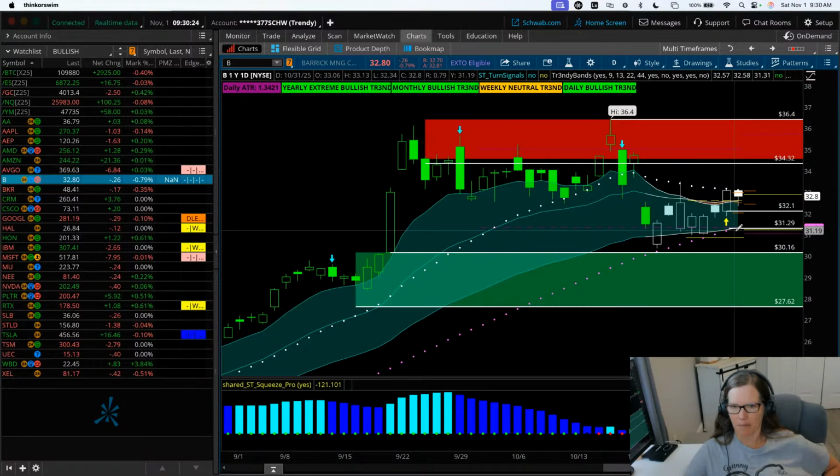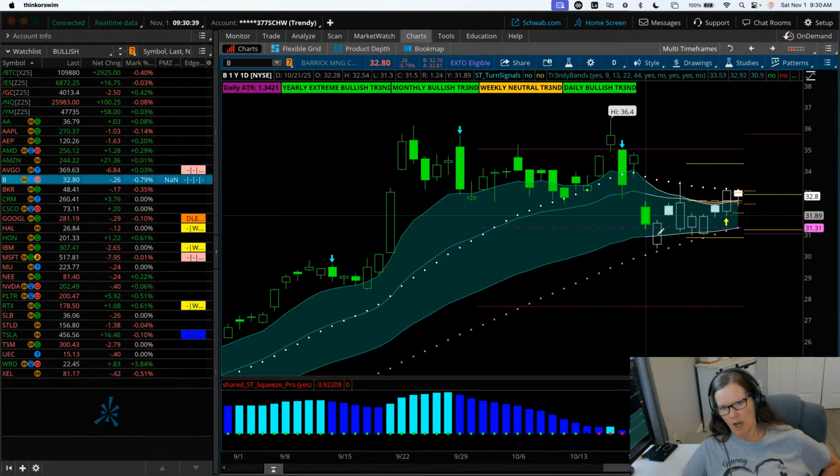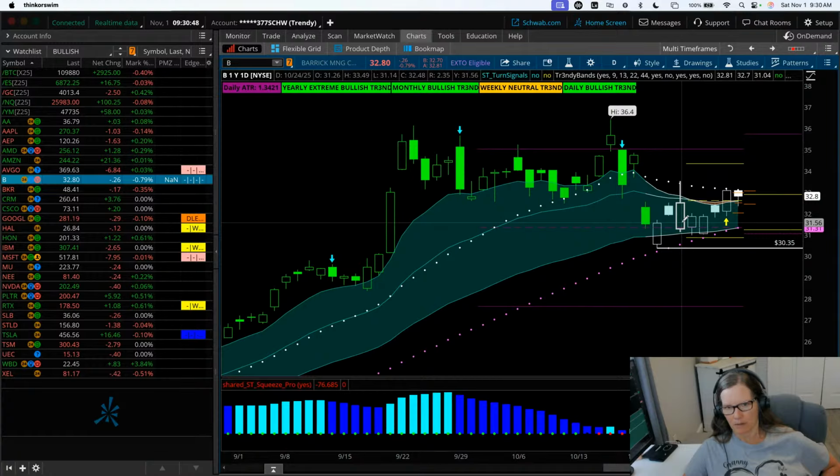I'm liking a buy right in here. Let me clear this off completely. See this chop where price chopped? You had inside, inside, and then up right here.